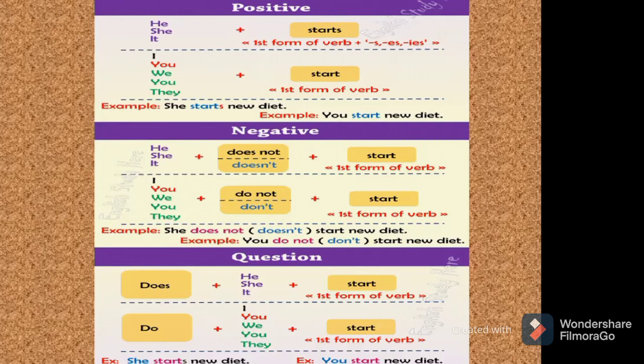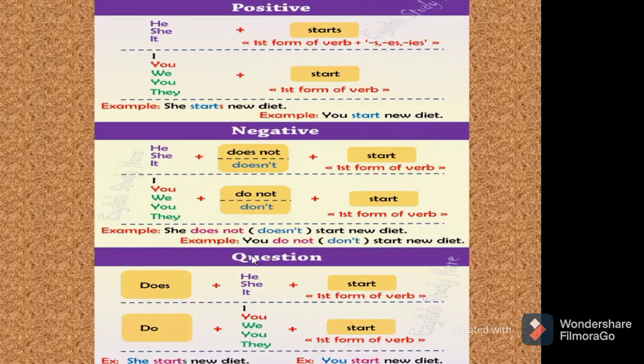For example, she does not start. Short form or contraction: she doesn't. You do not or don't start a new diet. With third person singular, we use does not for making negatives. With first person and plural, we use do not.